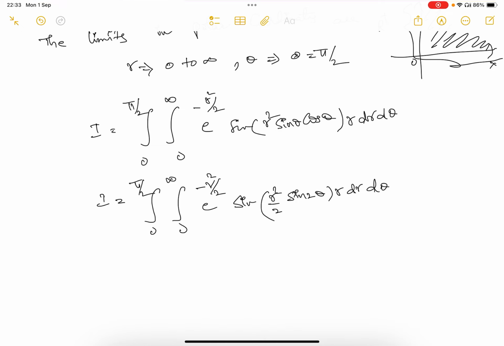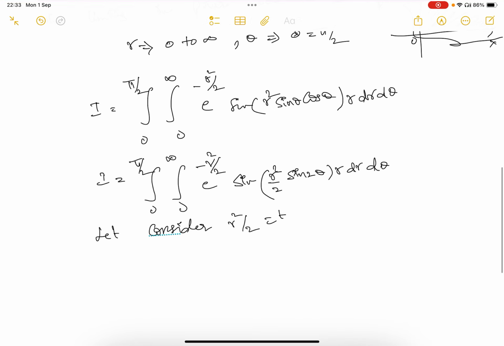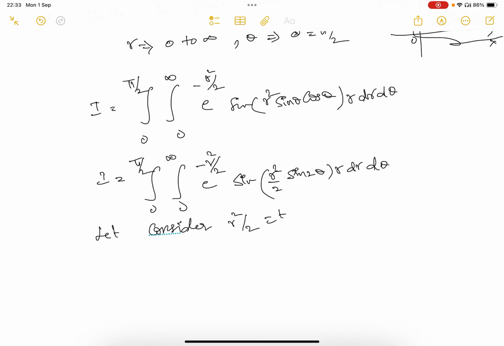Here, as you can see, in the exponential and in the sine, there are r square by 2 terms. So let's consider r square by 2 as t. The integration limits will not change: if r tends to 0, then t tends to 0; if r equals infinity, t will be infinity.